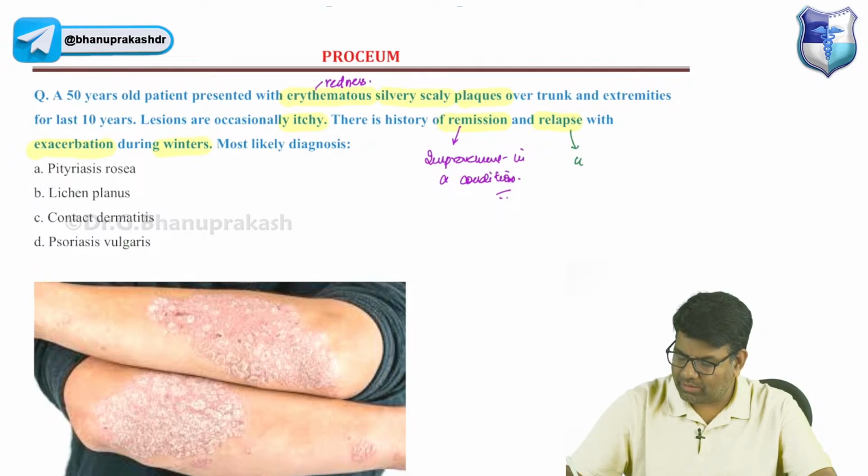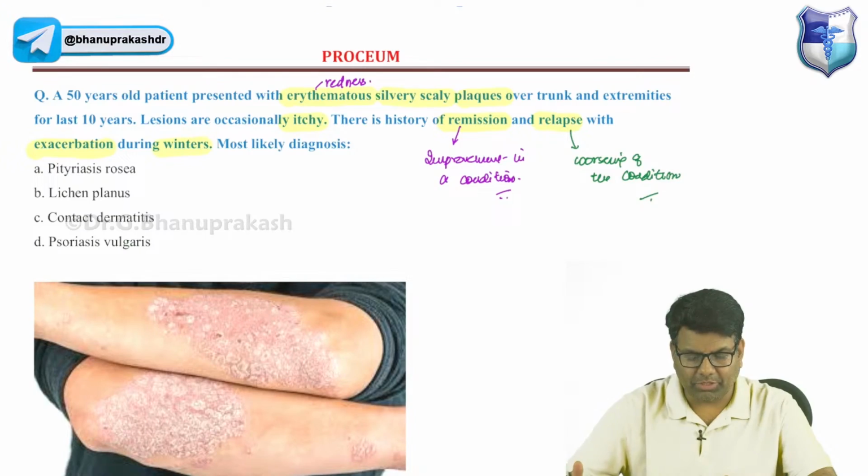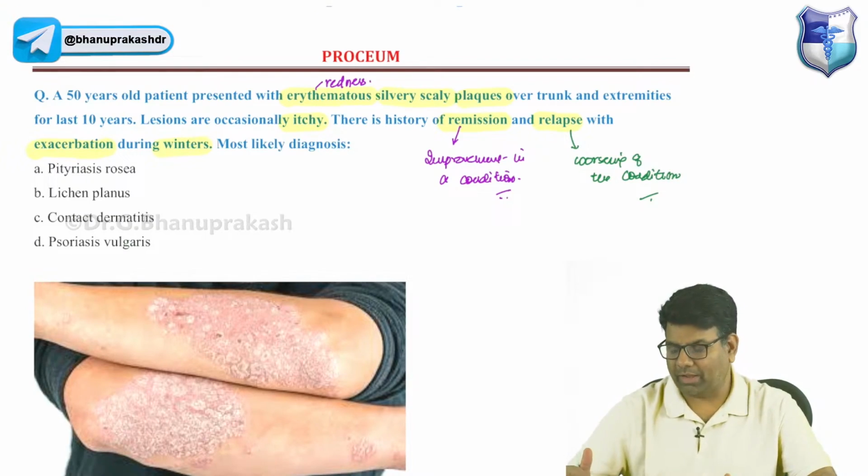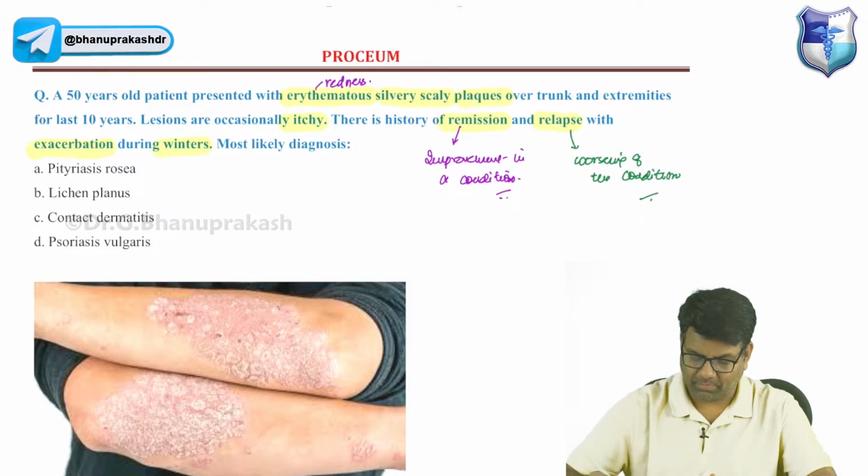Relapse means again worsening of the condition. So if you find the word remission or relapse, it means the condition improves over some period of time, then again the condition recurs, and exacerbation means flaring up of symptoms.